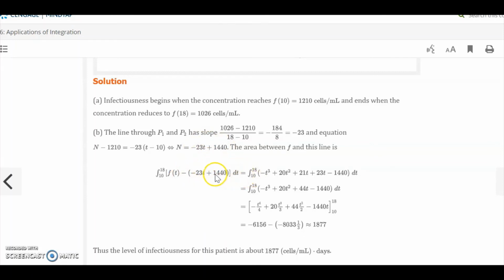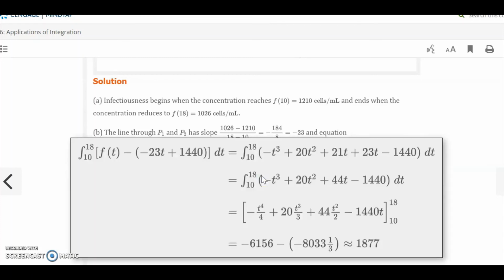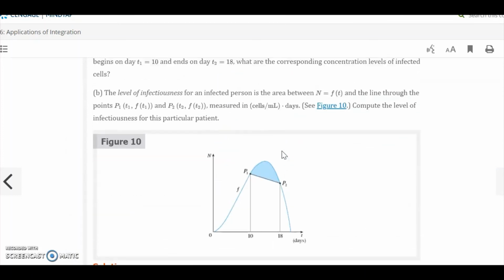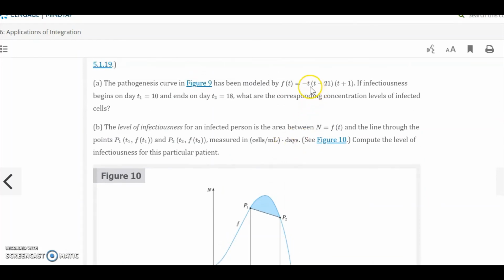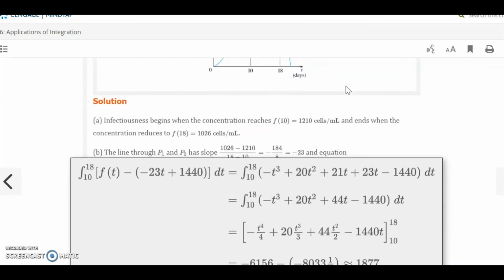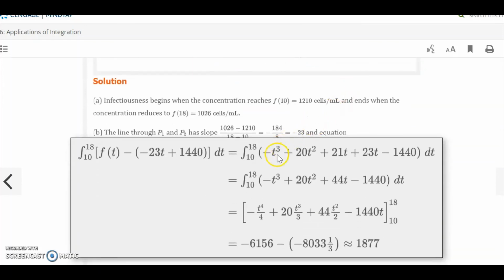And then to get from this step to this step, let me make it bigger for you guys. They are combining like terms. So first they distributed everything like I said before. So when you take this equation and distribute everything all out and combine like terms, so the only like term they're combining is going to be plus 23, because again you distribute that negative.